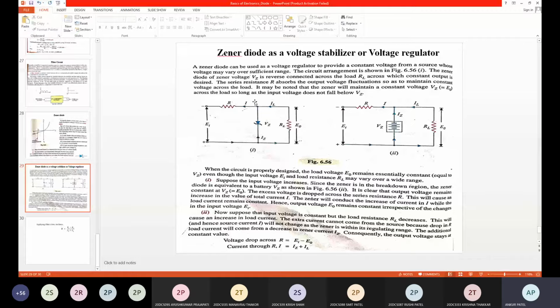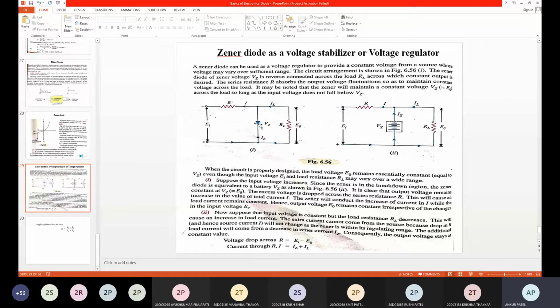Hence, output voltage E0 remains constant irrespective of the changes in the input voltage EI.